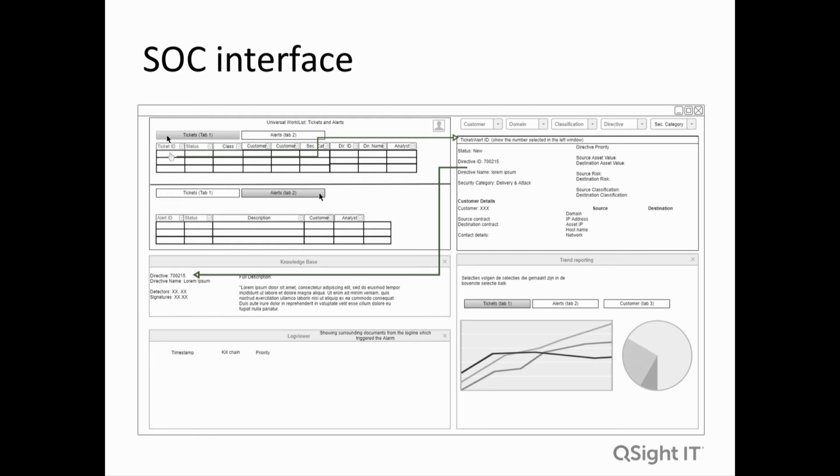Have a direct connection to this knowledge base, to use case with the runbook, and some real-time logs viewing what is happening at that moment.